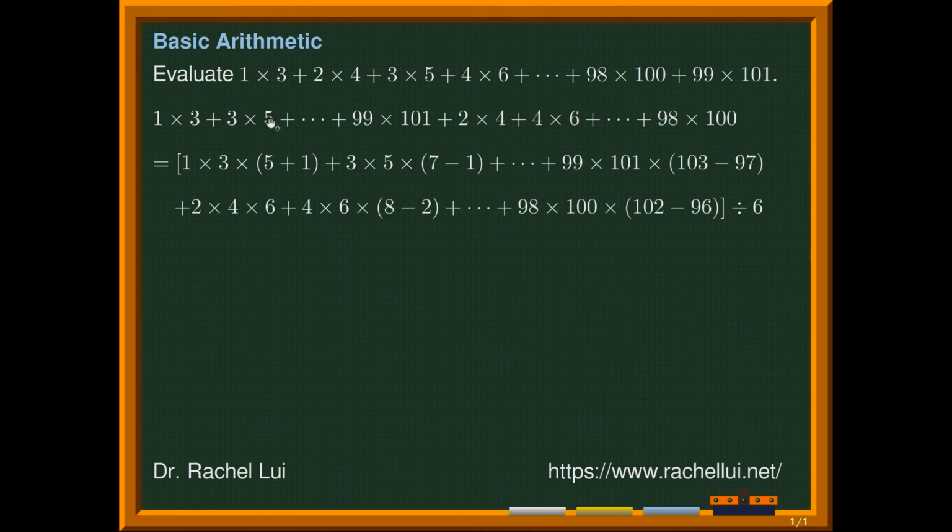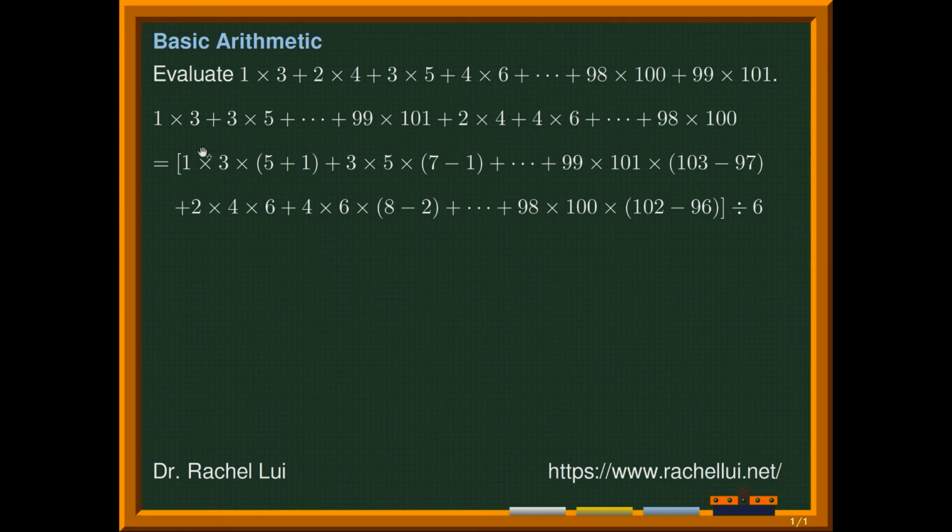For the term 3 times 5, I would like to have 3 times 5 times 7, so that it could be cancelled out with the next term. And I also want a 1 times 3 times 5, so that it can cancel out with the previous term. I need a 7, I also need a 1. Then 7 minus 1 is 6. That is why for every single term, I'm going to multiply it by 6.